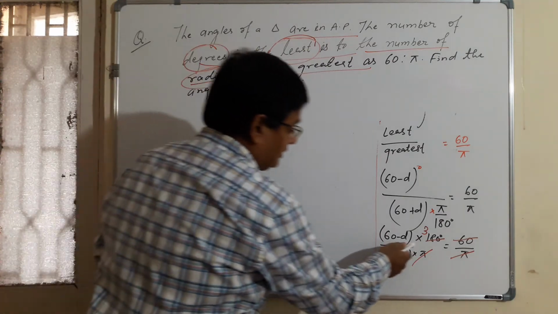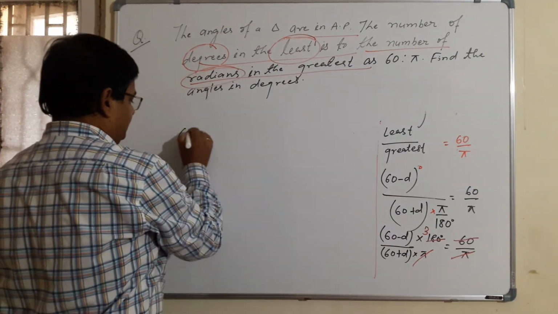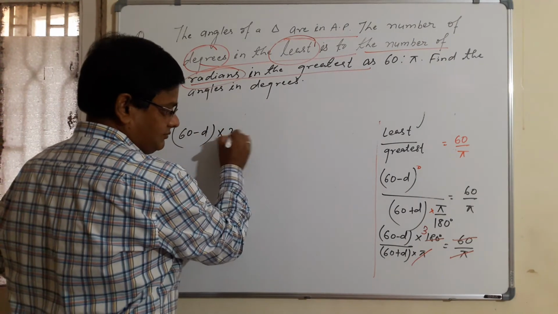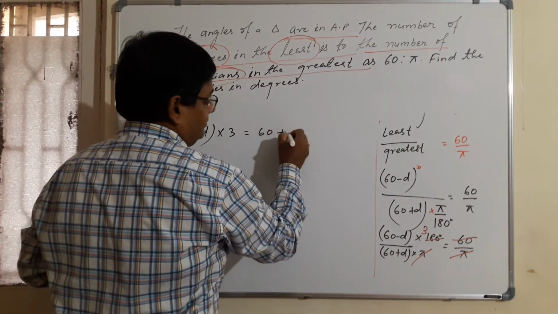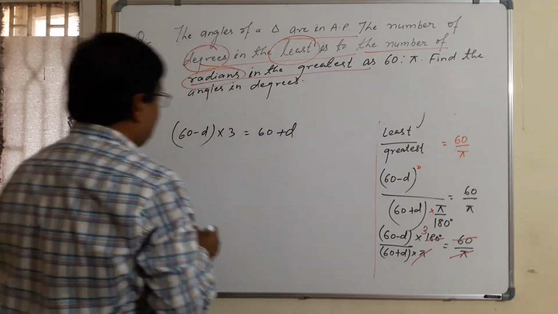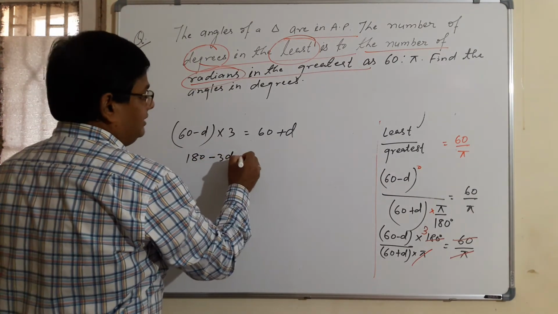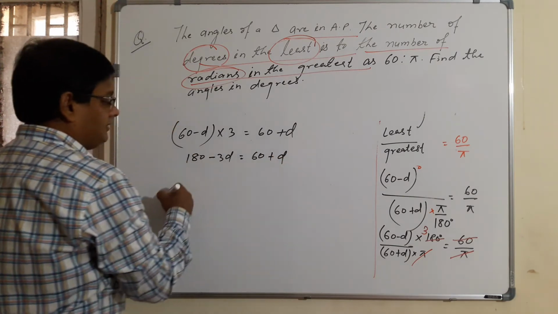So here you will get now 60 minus D into 3 is equal to 60 plus D. Now 180 minus 3D is equal to 60 plus D. Now transfer this one.